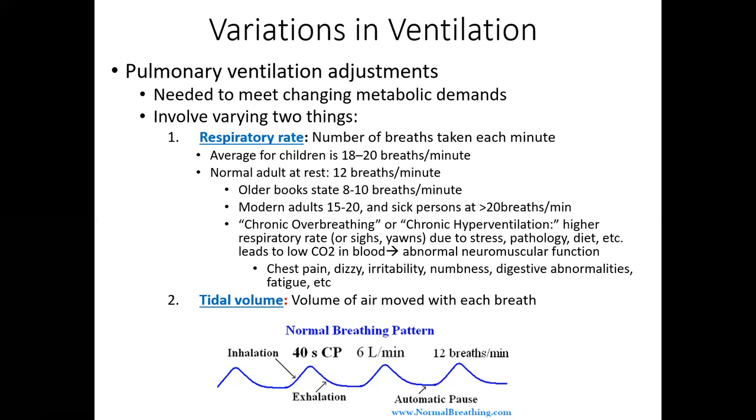You're only using your external intercostals in order to take that inhale and passively exhale. And so as we see down here, the volume of air in our lungs goes up a little bit, and then we exhale. Then we inhale, and then we exhale. And again, at rest, we are essentially moving about 6 liters of air every single minute.